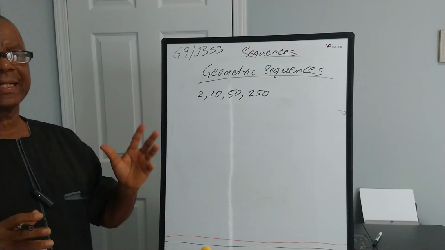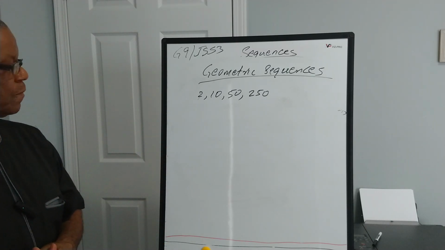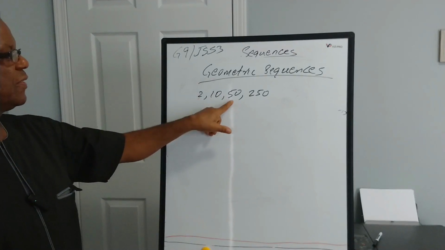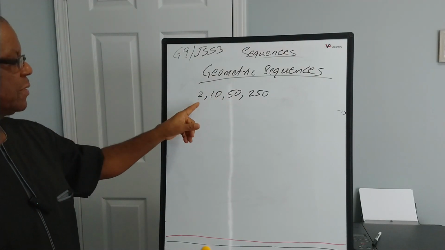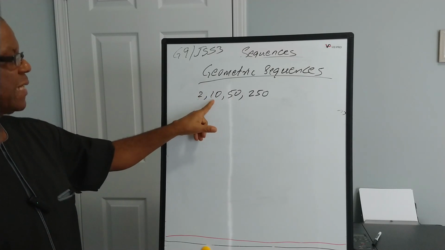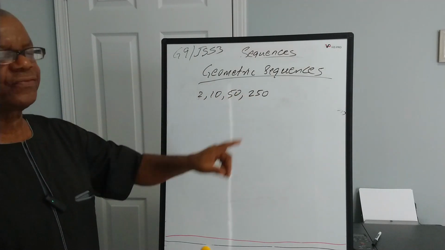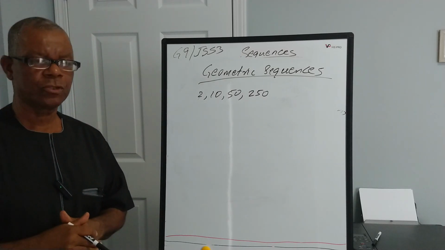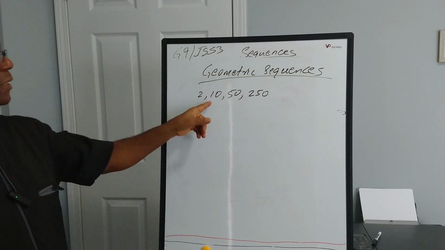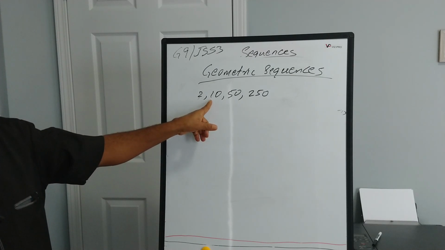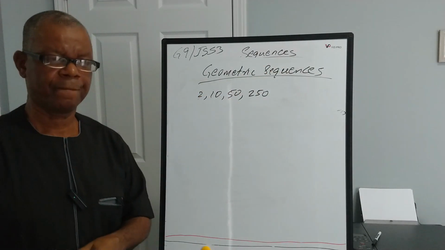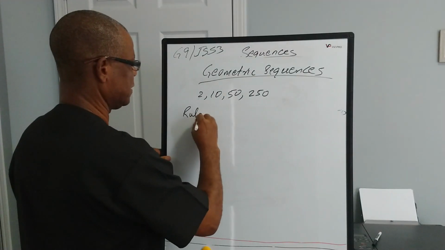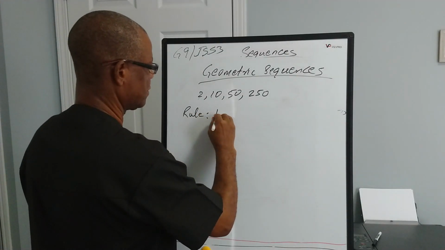Our rule was a term times 5. 2 times 5, 10. 10 times 5, 50. 50 times 5, 250. You can see it's an equal ratio, not equal step. So this is a geometric sequence, because the rule here, as we discovered, is times 5.